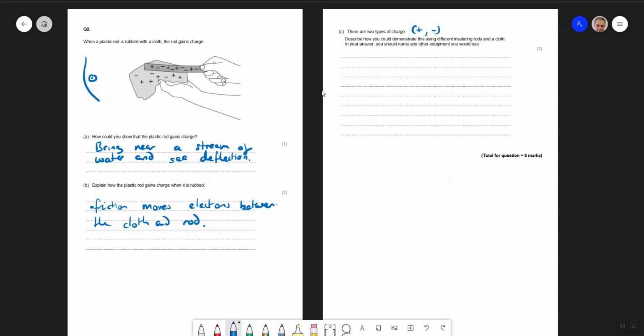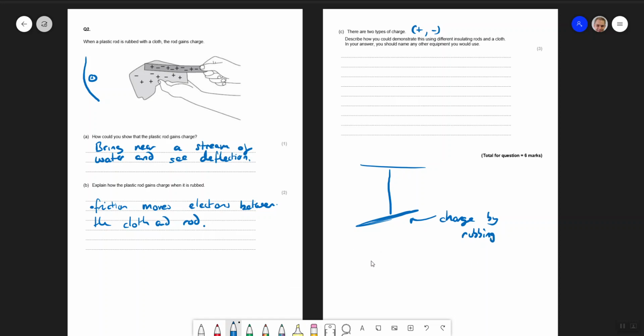Describe how you could demonstrate this using different insulating rods and a cloth. If you rub different cloths, some become positively charged, some become negatively charged. You can't show that by just bringing them near water because you can't really see that. So we would have some kind of suspension system. We can suspend a rod and charge it by rubbing.